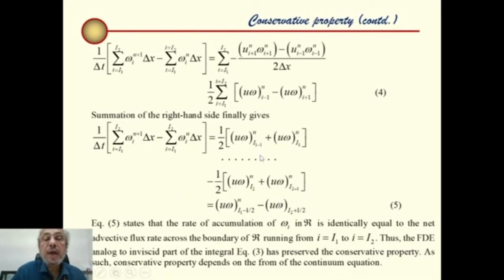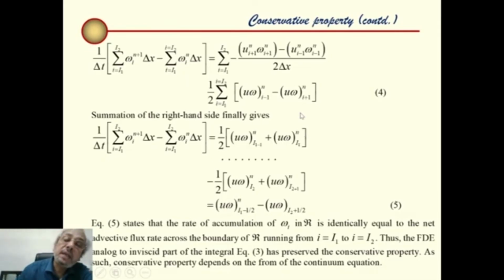So again, let me repeat that. We will write I equal to I1 to I2. I will vary here, and then first term will be I1 minus 1, I1, second term will be again I1 plus 1 will come here, then I1 plus 2 will substitute, small I1 plus 2 will come here.